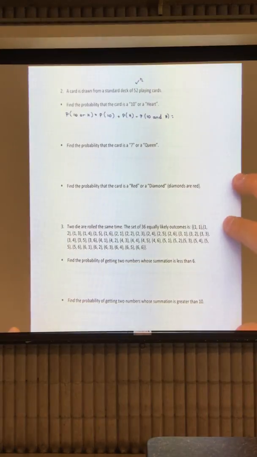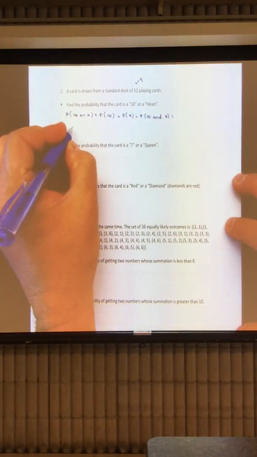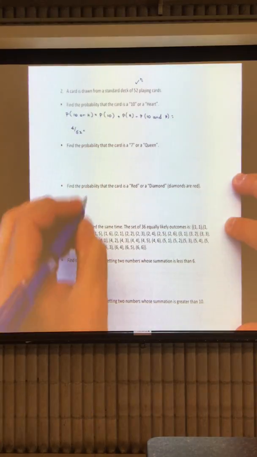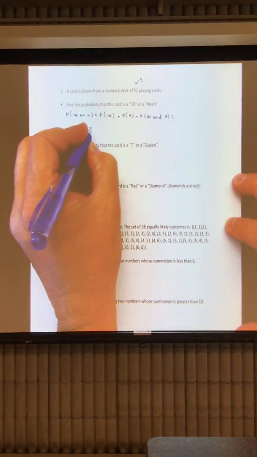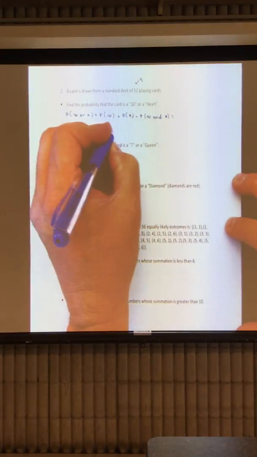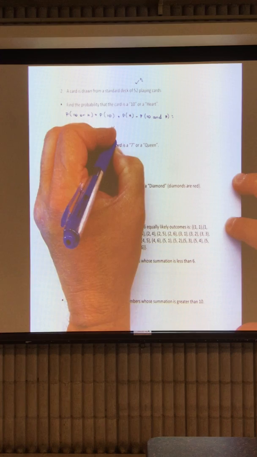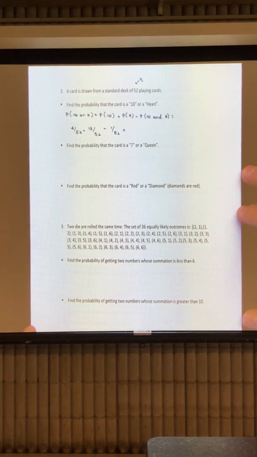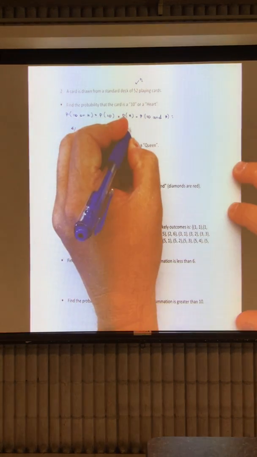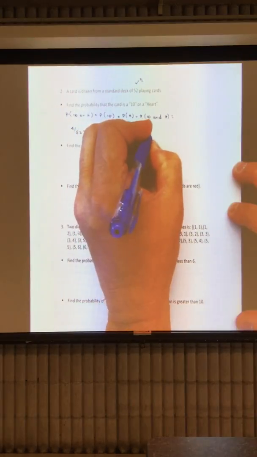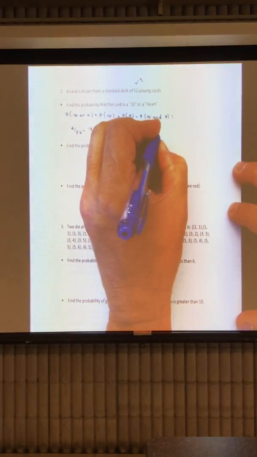So the probability to have a 10 will be 4 over 52 plus the probability to have a heart, which is going to be 13 over 52, minus the probability to have a 10 of hearts, which is going to be 1 over 52. So for this problem, the answer is going to be 16 over 52, or 0.308.